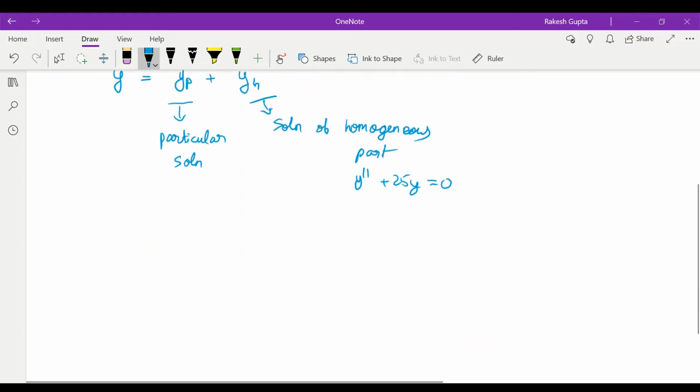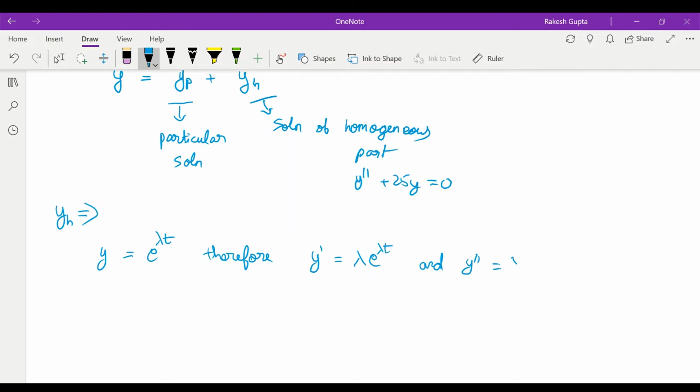Now we start by finding the solution of the homogeneous part. So we assume y to be of exponential type, so I'm just going to write it as e power lambda t. Therefore y dash, when you differentiate y with respect to t, you will get lambda e power lambda t.